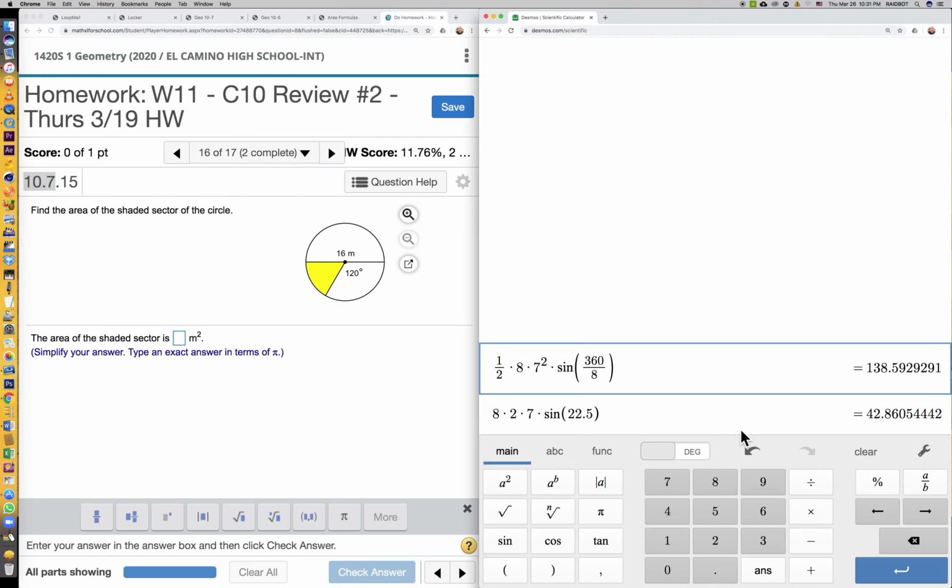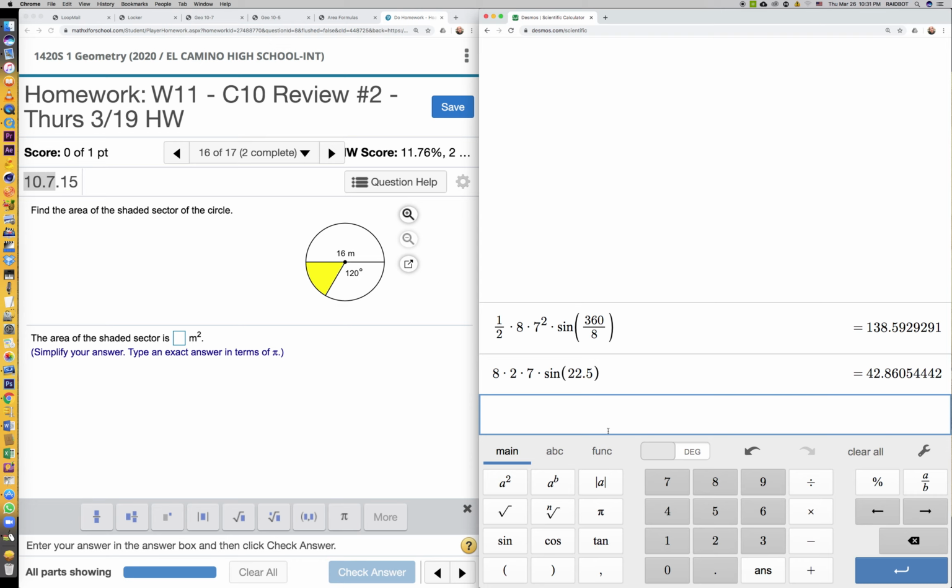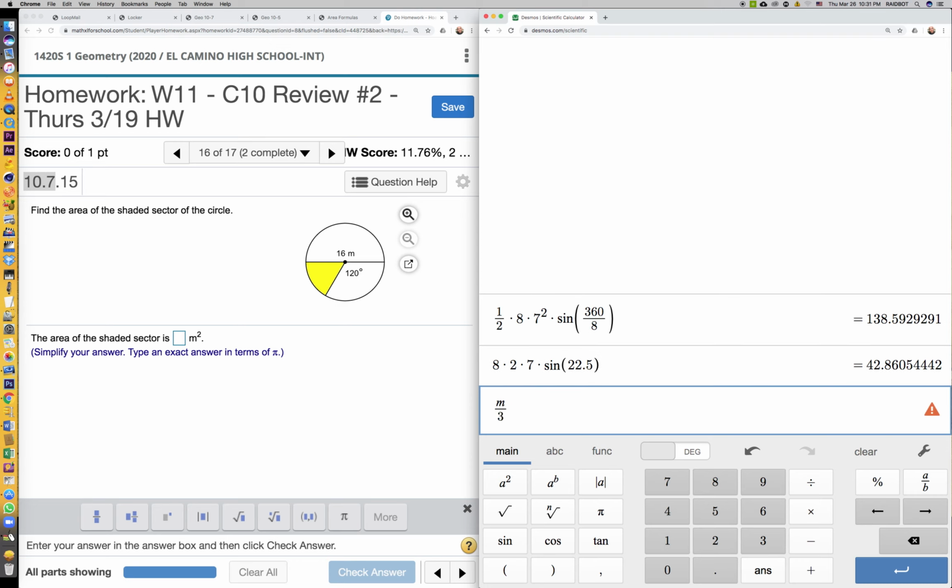So I go to my decimal calculator and type m over 360. M is the measure of the arc of the sector. Multiply with pi. I have the pi button right here. And then multiply with r square.